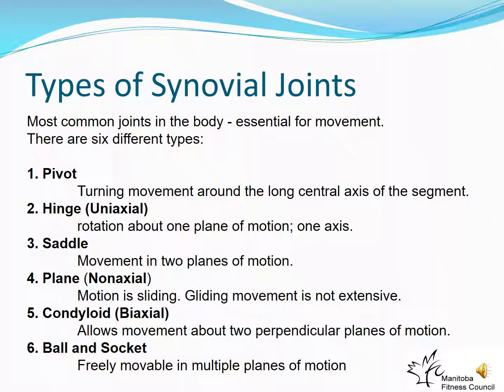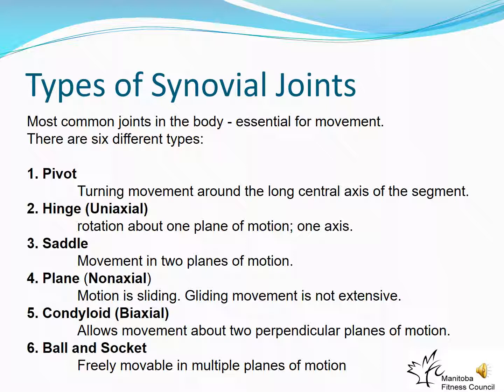Plane joints are when two bones come together and they slide. They don't hinge or rotate, but they glide one on top of the other. They don't glide a lot. There's not that much movement. Examples of plane joints are the wrist joints or the ankle joints.